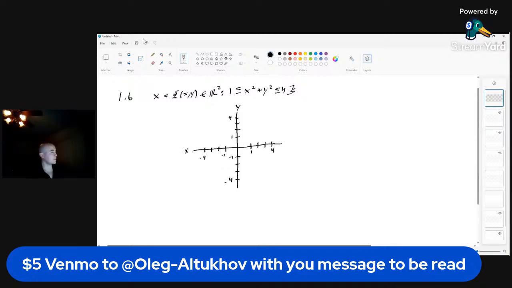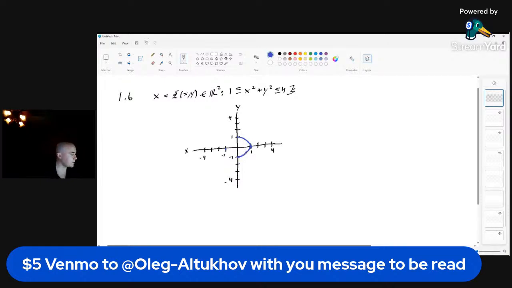So let's just start with the first part. Basically, we have this equation right here, which is a unit circle, and we can apply the first part of it. X squared plus Y squared is greater than or equal to 1. So we do occupy the unit circle. Why don't we switch colors? Here we go. Equal to, so we do that.